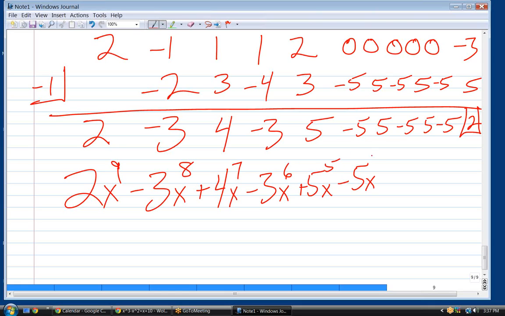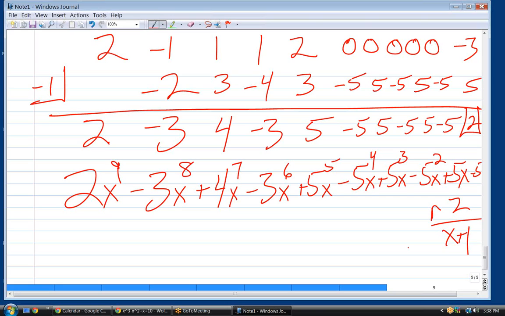Minus 5x to the 4th plus 5x to the 3rd minus 5x squared plus 5x minus 5, with the remainder of 2 divided by x plus 1. Now that's a very large equation. Yes, it is.